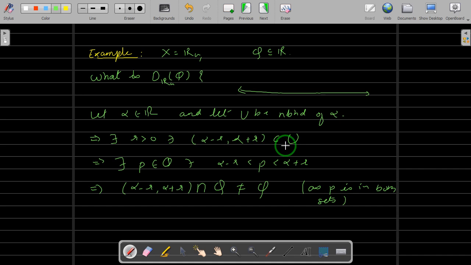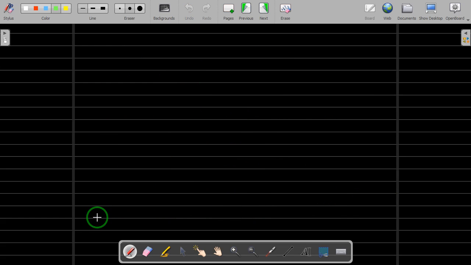That means p is not equal to alpha. So even if you remove alpha from this set, it is still non-empty. That implies the intersection of (alpha minus r, alpha plus r) with Q, even if you remove alpha, is still non-empty.